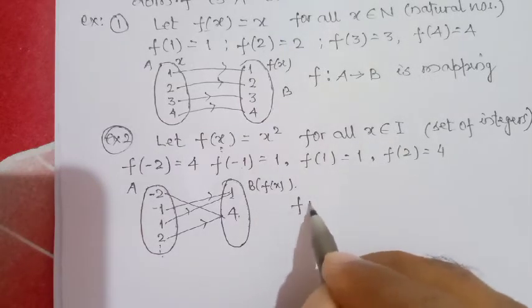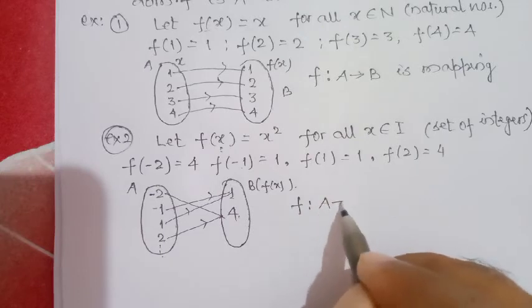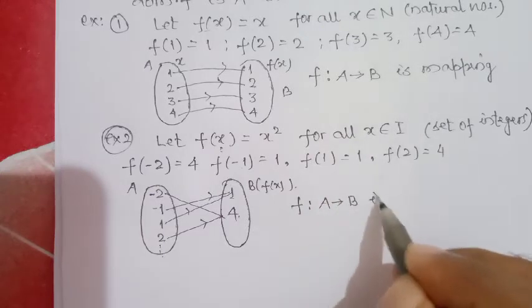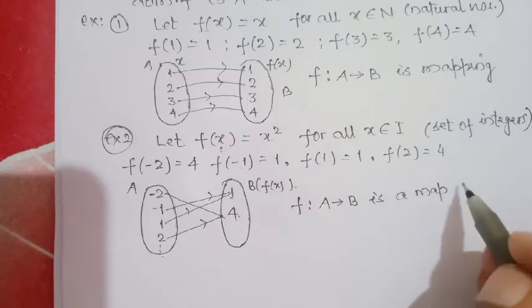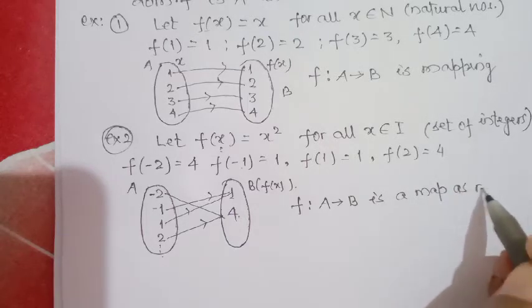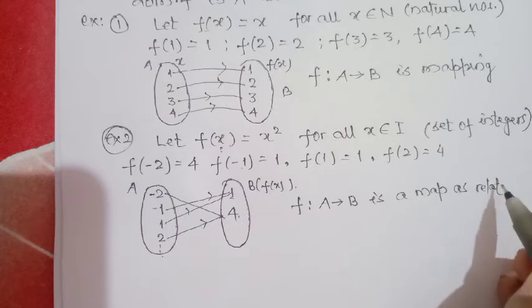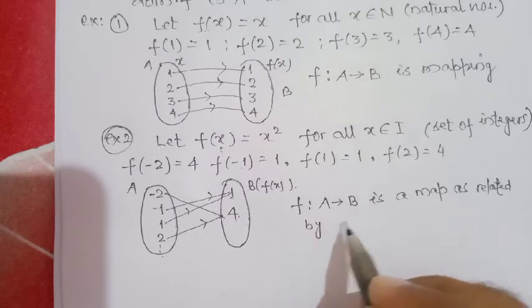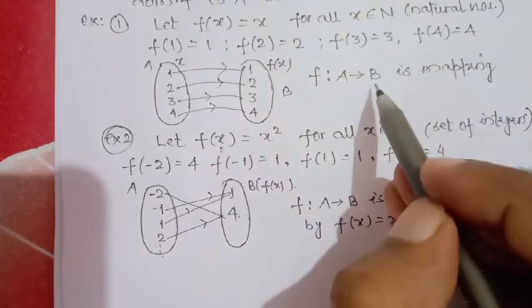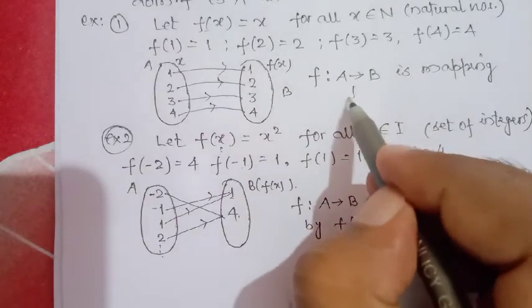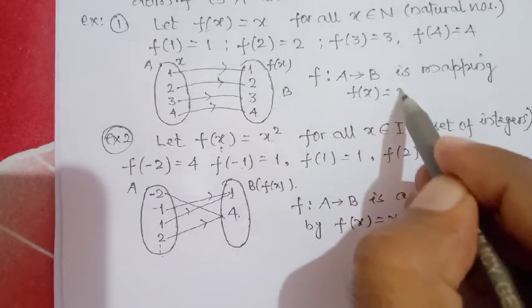F from A to B is a mapping as related by f(x) equal to x square.